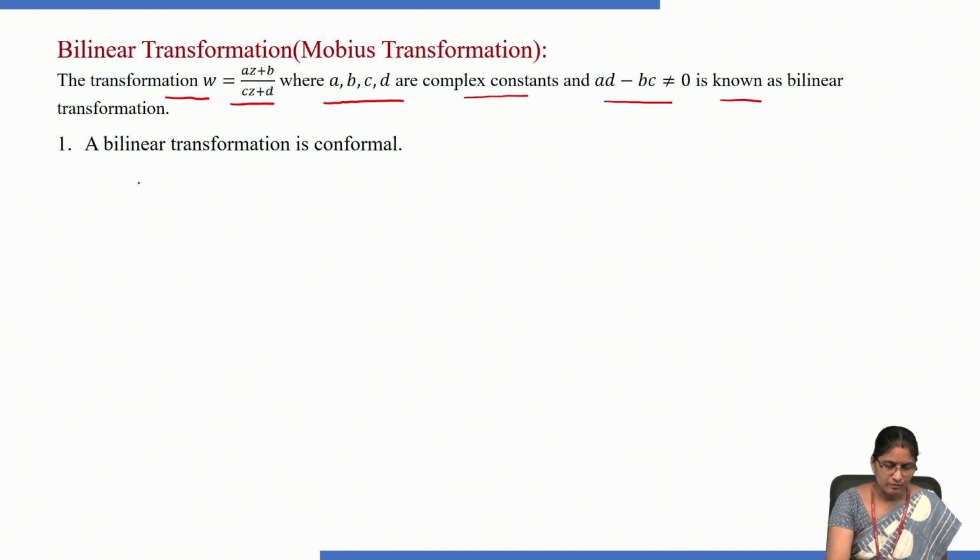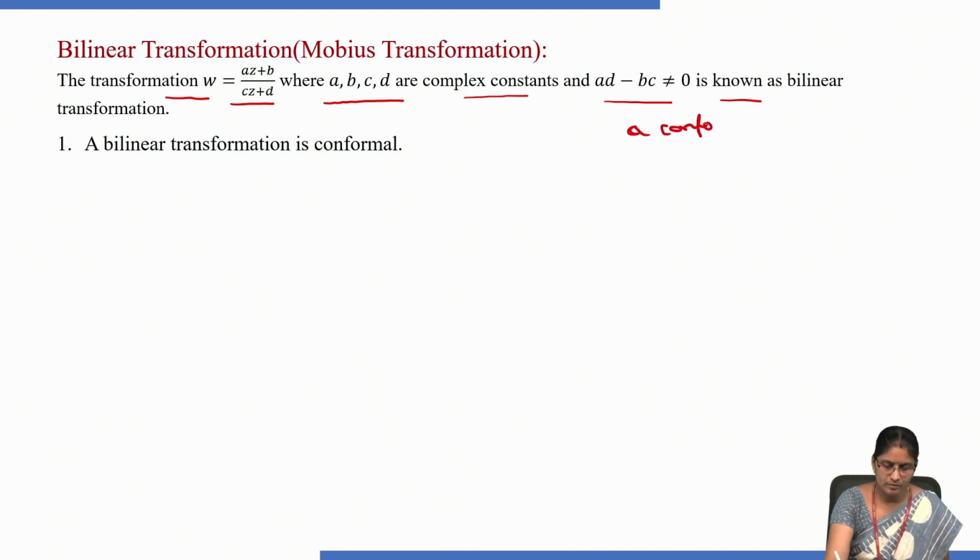So first point here we have to discuss is a bilinear transformation is conformal. Bilinear transformation is conformal means it preserves angles.